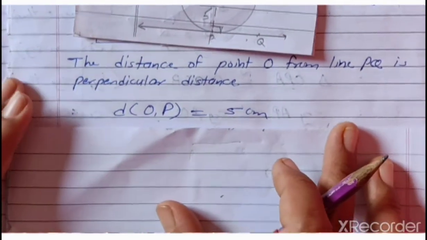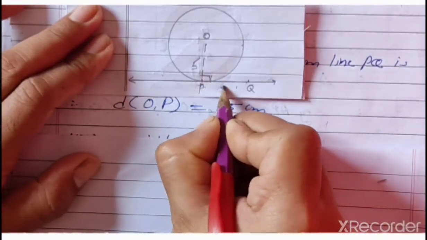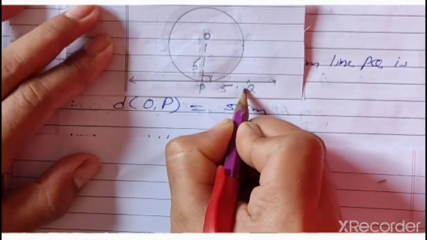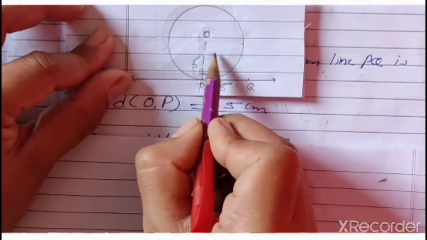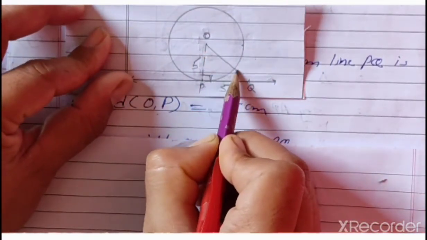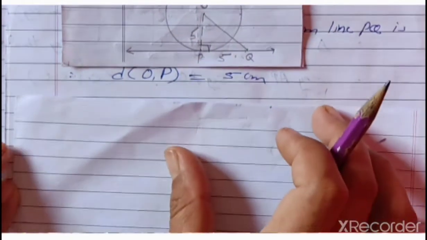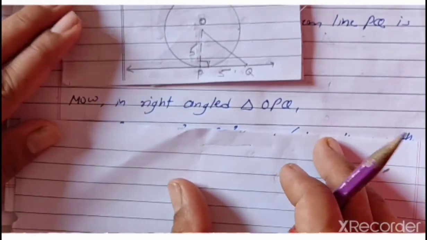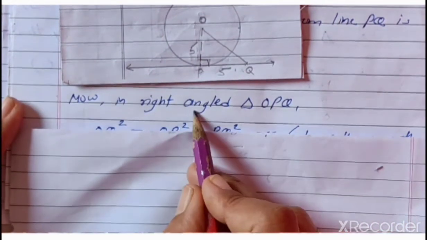Let's solve the next one. PQ is given 5 centimeter, the radius is also given 5 centimeter, and we have to find OQ. So OQ is the hypotenuse. So let us solve it. This OPQ is a right angle triangle.